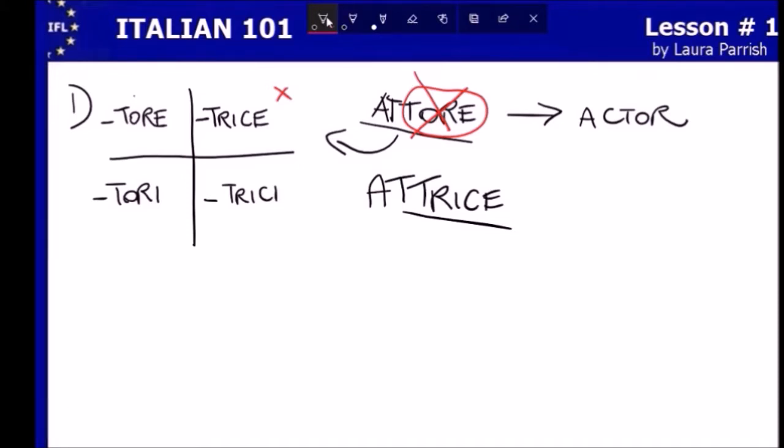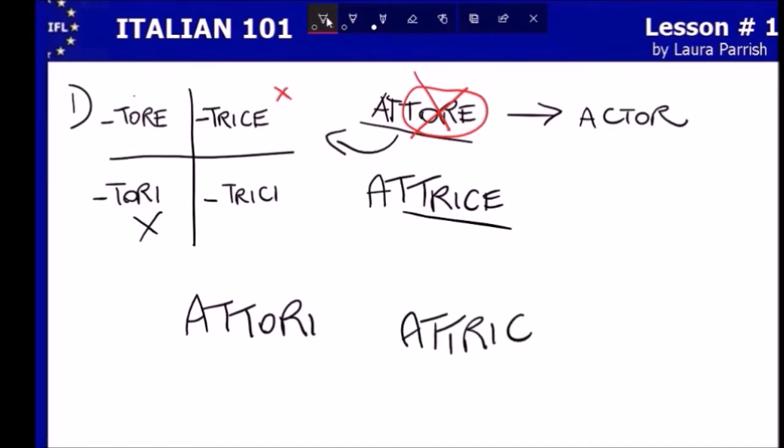So if you want to say many actors, like men or men and women, you use these desinences. You're gonna say attori or attrici. Okay? Now let me do one more example for you so it will be clear.